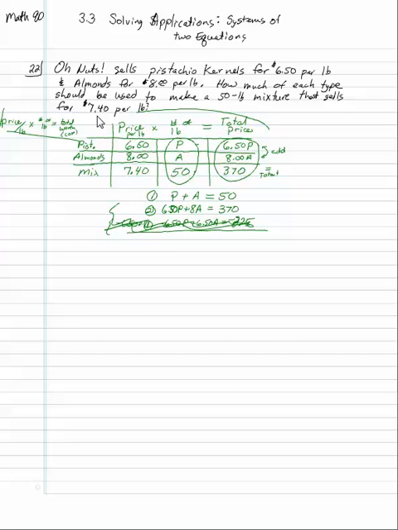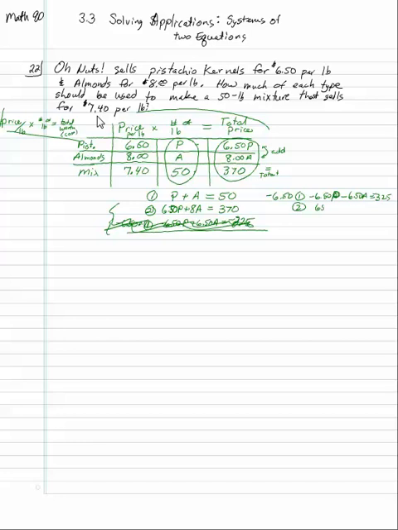Okay, so I'm going to take negative 650 times equation 1 and get negative 650p, I'm sorry, minus 650a equals 325 negative. Equation 2 I'm leaving alone.